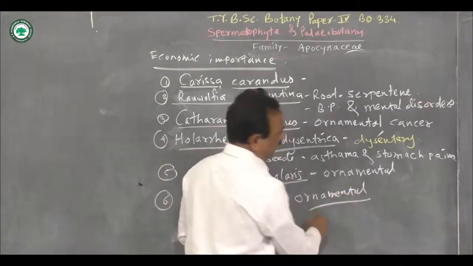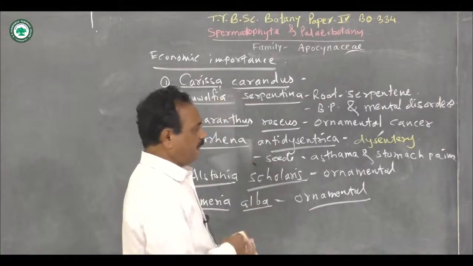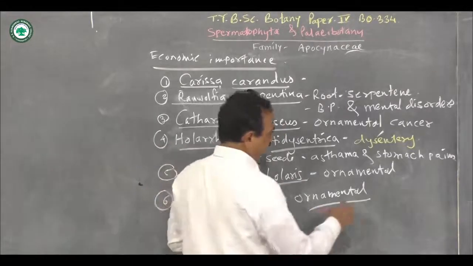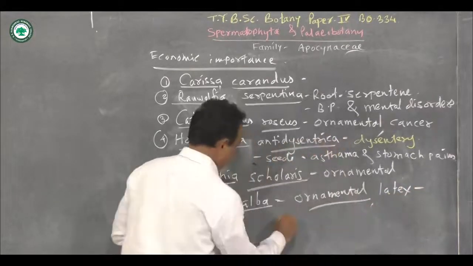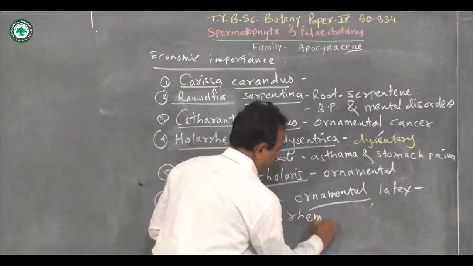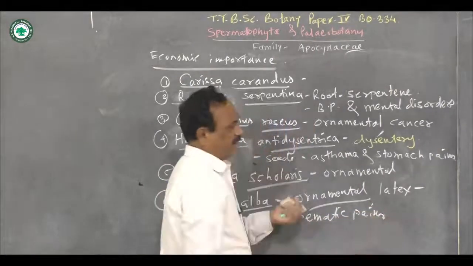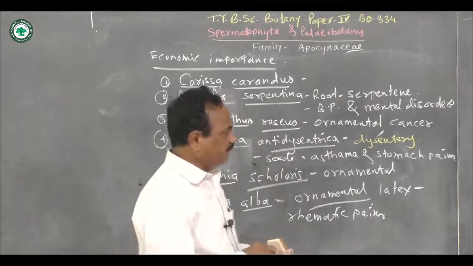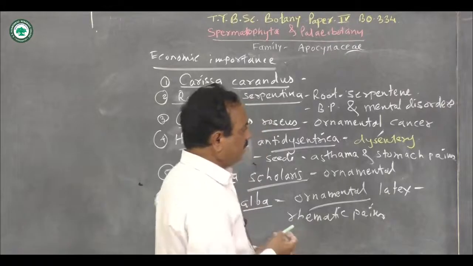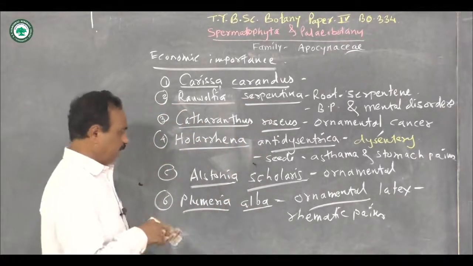The flowers of this plant are attractive, and the latex is used in rheumatic pains. The bark of this plant is also used in the treatment of gonorrhea and also in diarrhea.